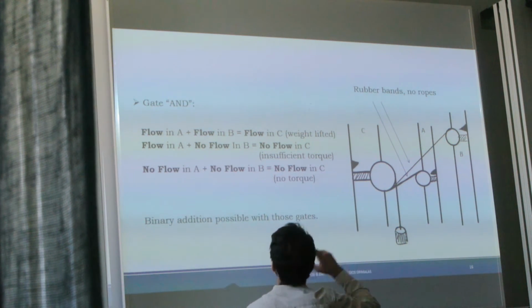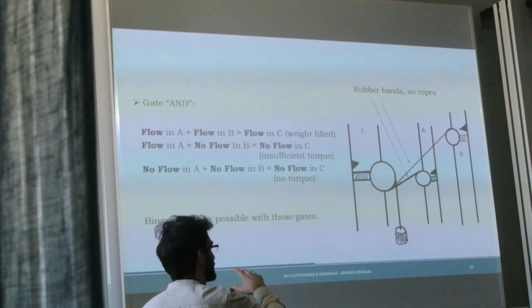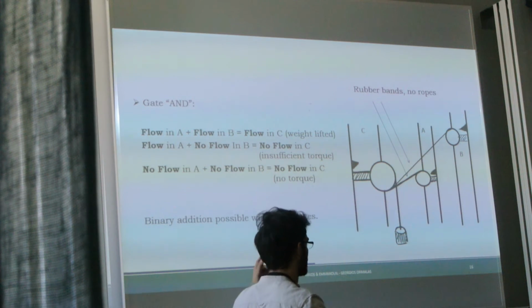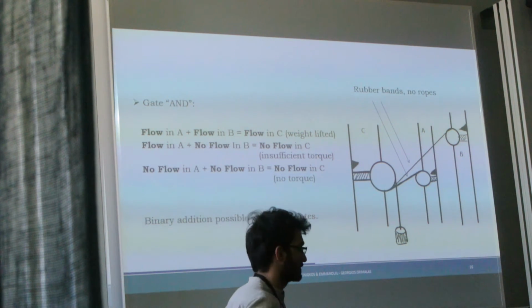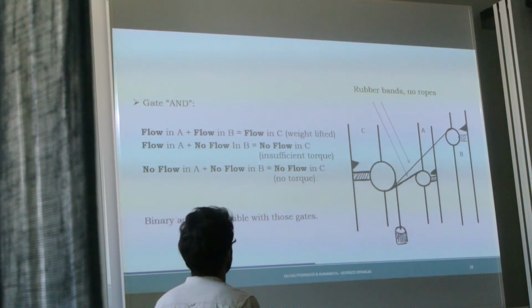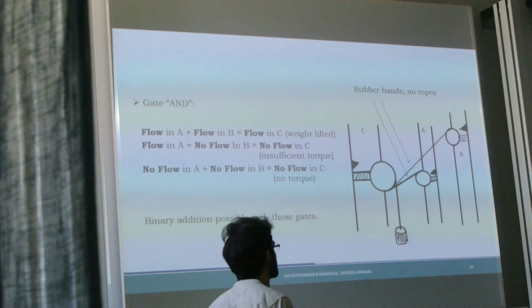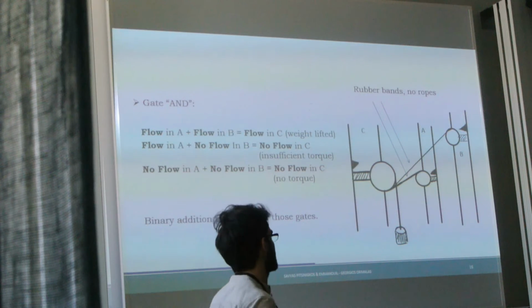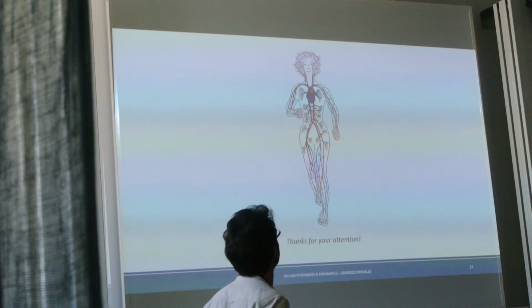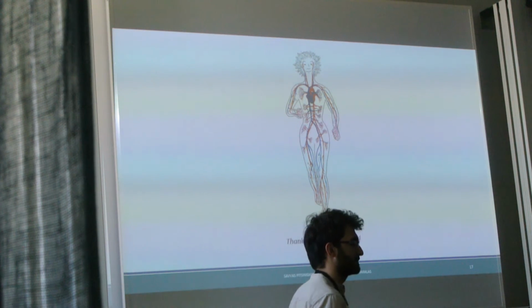What we should say is that with the combination of those gates we can also make binary additions. So one could consider, after this, looking at more complicated systems, such as our hard flow rates. Okay, thank you.